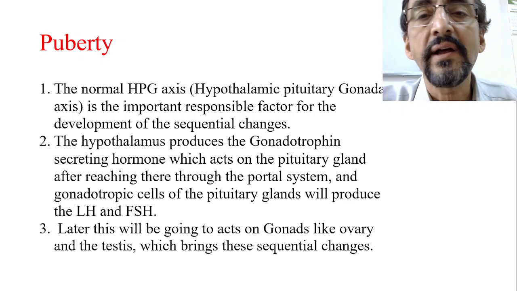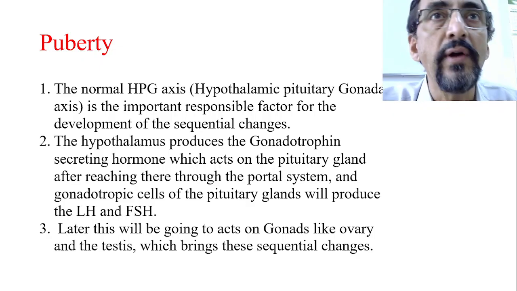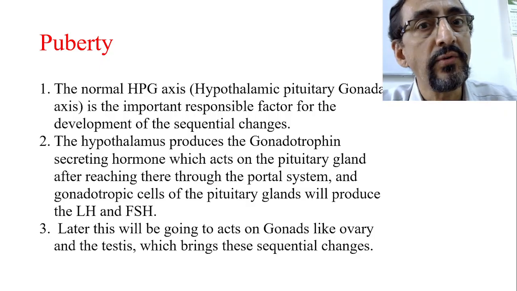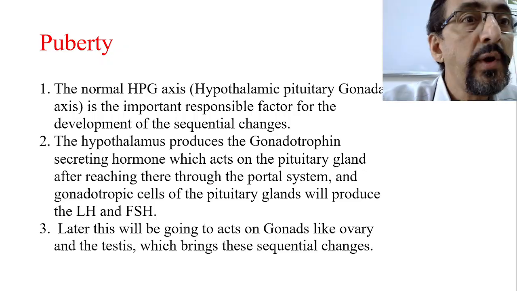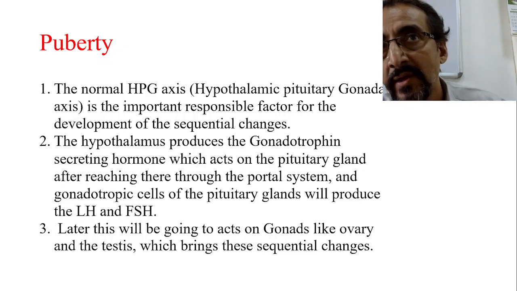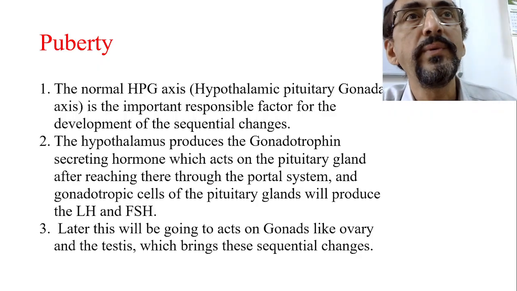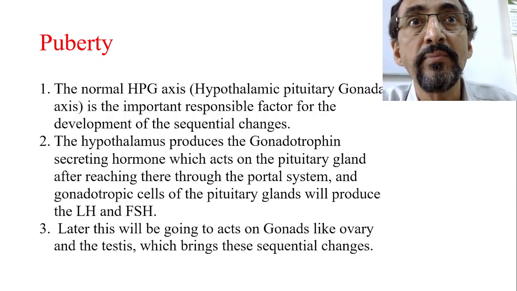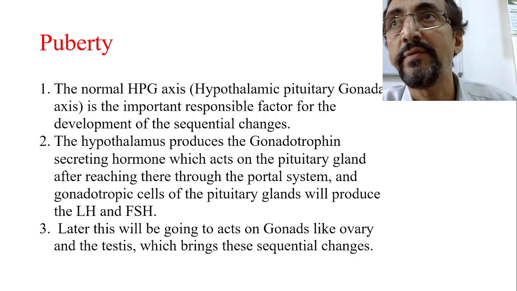Luteinizing hormone acts basically on the breast, and follicle stimulating hormone acts on the gonads like the ovary and testes, and it especially brings the sequential changes. So to have the sequential changes in the puberty period, all these things should be normal. The hypothalamus, the pituitary, the pituitary cells and their activation should be normal. Their target areas like the gonads and the ovary should be normal. Production of LH and FSH should be normal.